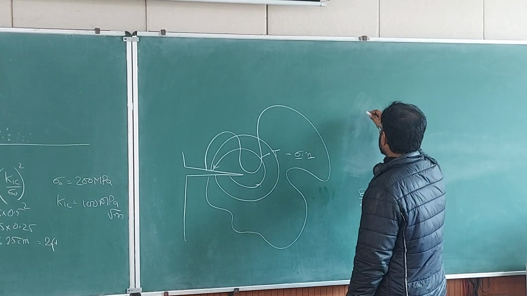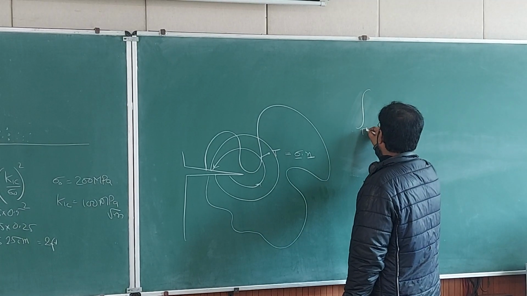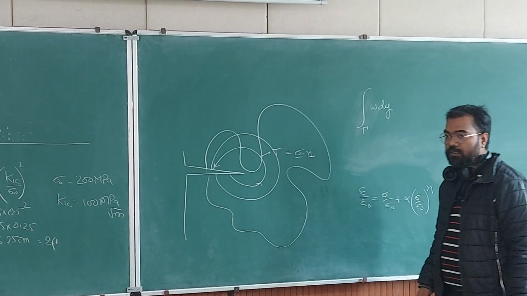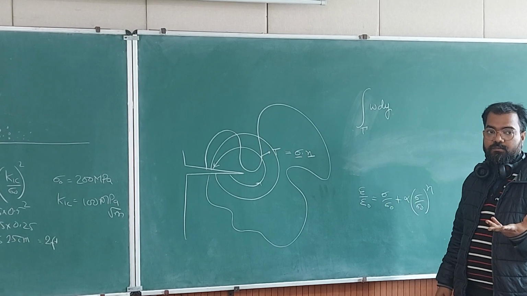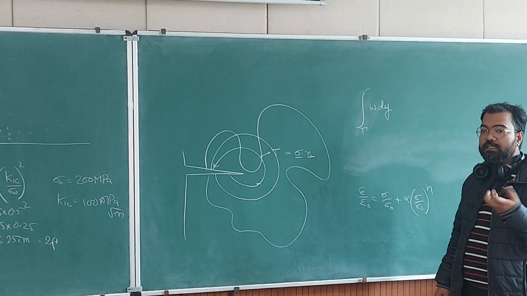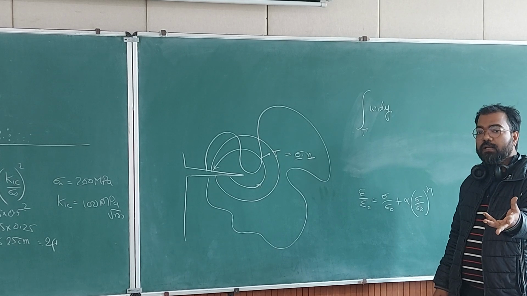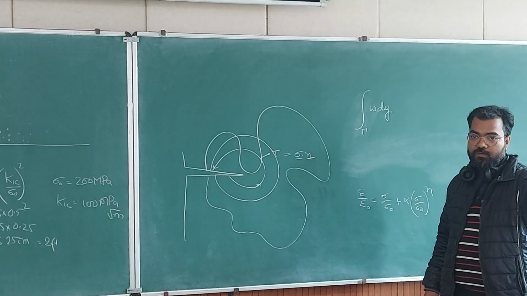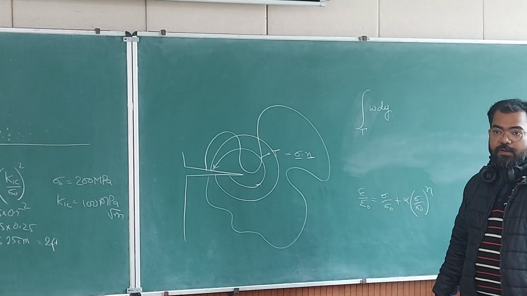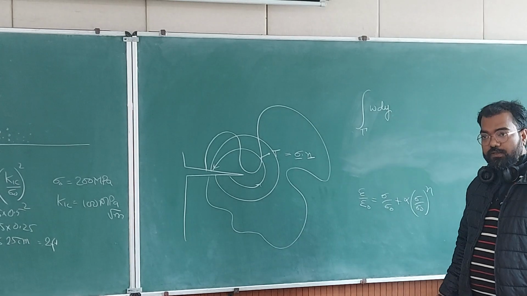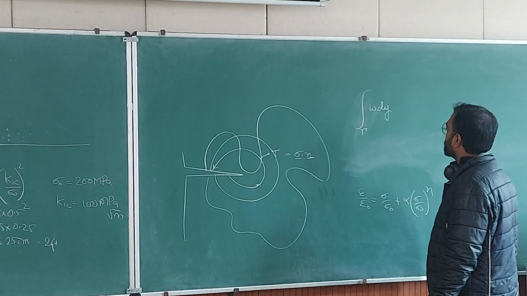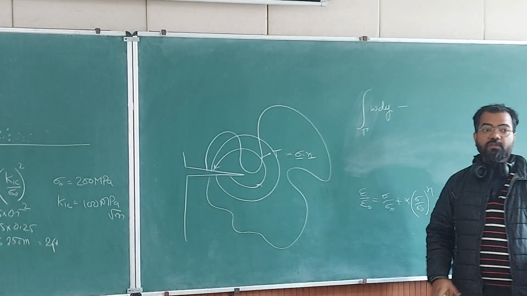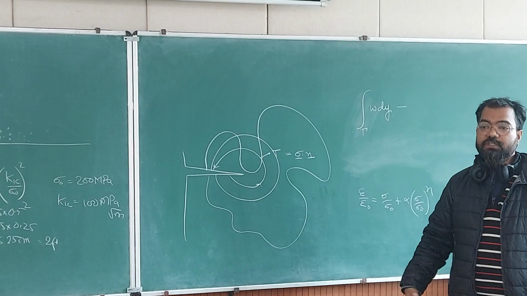Okay, and so I define a line integral along any contour, and the energy which is absorbed in it, I can write it as strain energy density into the area, because he is considering 2 dimensions, so area into whatever unit of the thickness is, that is your volume. Okay, is it okay? And then you subtract the amount of energy which is supplied, which is applied.